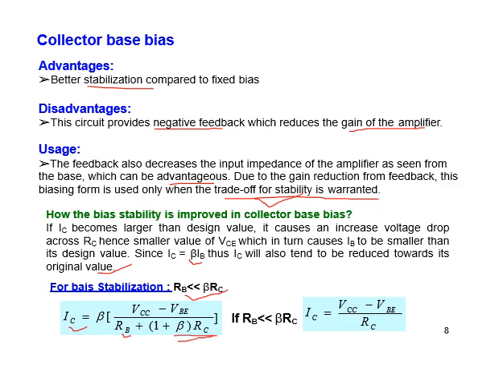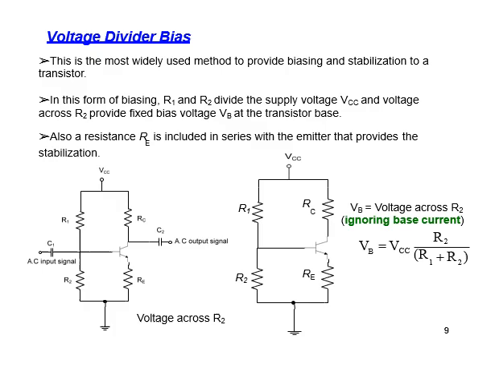Also, since beta is much greater than 1, the 1 can be neglected here, and in the denominator this beta finally cancels out with this beta, so the expression for IC becomes equal to VCC minus VBE upon RC. So here we can see that this IC becomes independent of beta. This is one of the main advantages of the collector to base bias circuit.